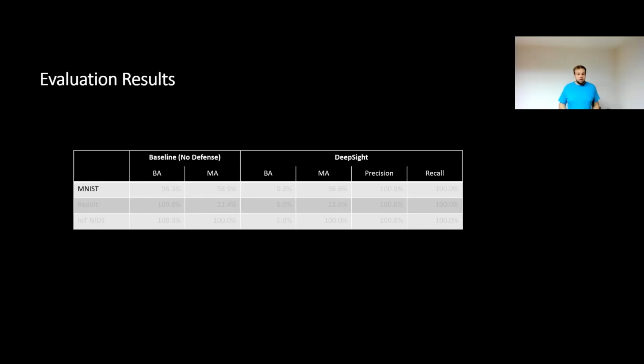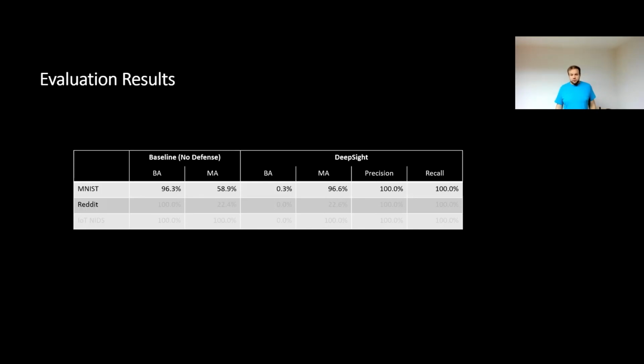The first dataset, MNIST, consists of handwritten images and is a standard benchmark dataset. As you can see, the Backdoor accuracy without defense is very high, while the main task accuracy drops from around 96% to 58.9%. In comparison, DeepSight mitigates the attacks, the Backdoor accuracy is almost 0, and the main task accuracy remains at 96.6%, while it perfectly distinguishes benign and poisoned updates, as precision and recall are 100%.